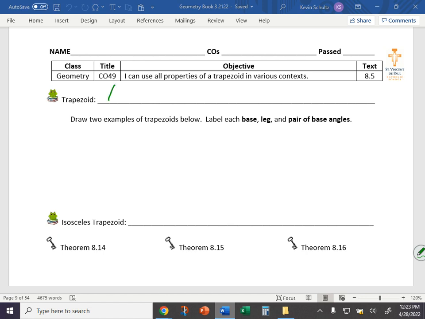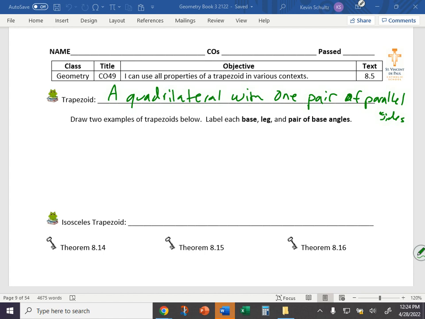A trapezoid is a quadrilateral, but it only has one pair of parallel sides. One pair of parallel sides instead of two. So we're moving kind of away from the parallelogram family, still under the quadrilateral section, but a different shape.